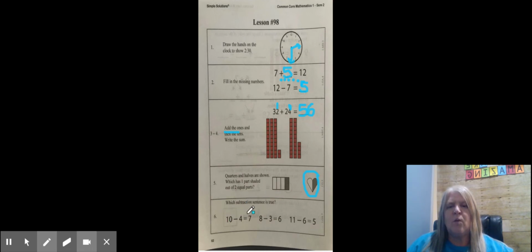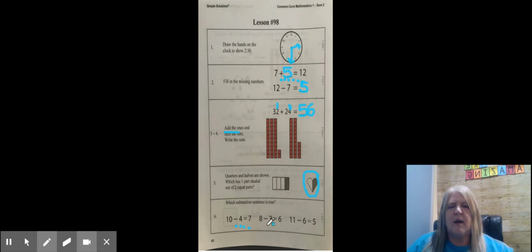Number 6, which subtraction sentence is true? 10 minus 4 equals 7. Well, hopefully we know our partners of 10, and 4 and 7 are not partners of 10. If you don't know them, then you would have to count on or count back, whichever way you use, to find the answer. So 10 minus 4 would be 10, 9, 8, 7, 6. So that is not true. 8 minus 3 equals 6.